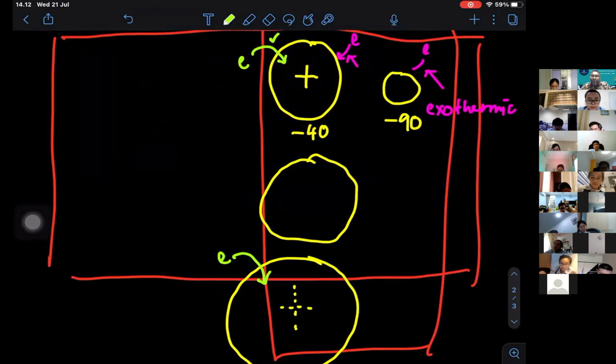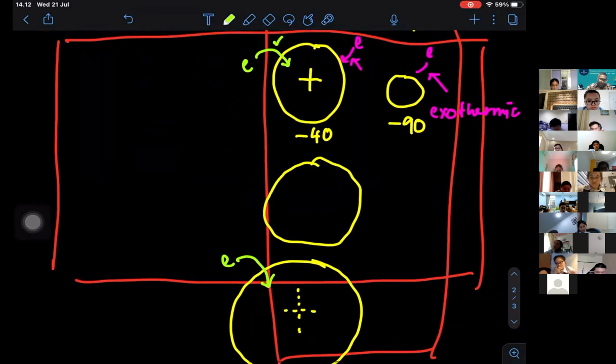And since bond formation is going to be exothermic, we can say this is more negative compared to this. But let's look at numbers, for example. Let's say I give you a number, maybe -100 over here.